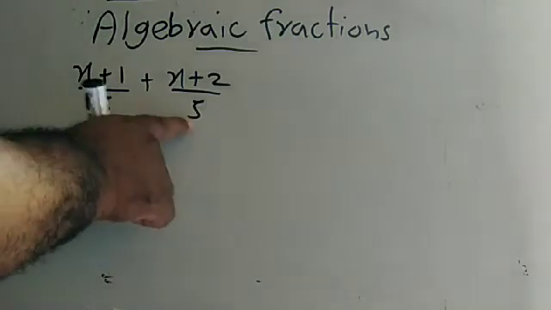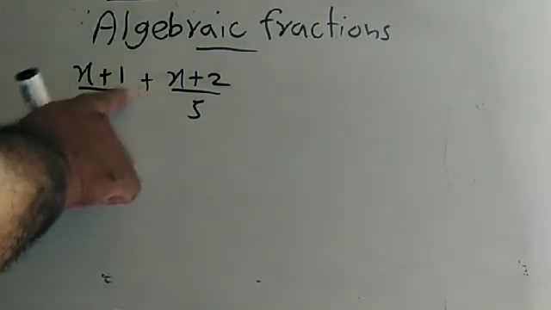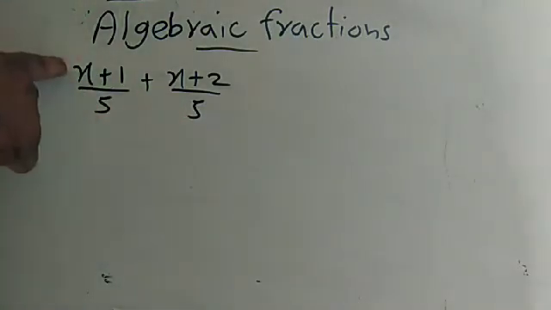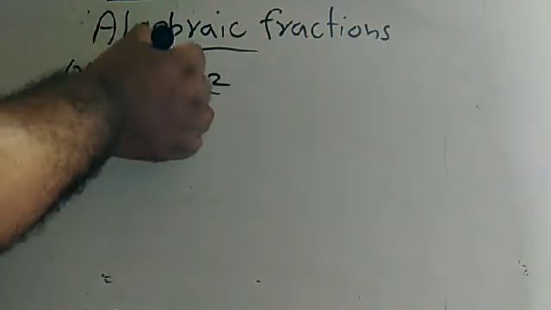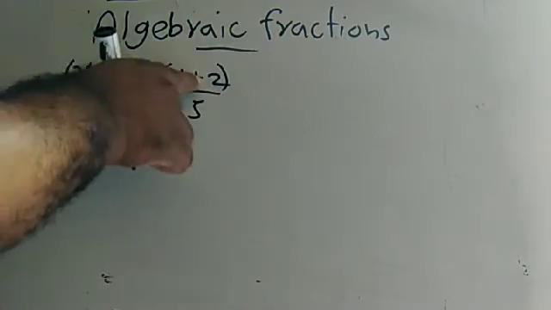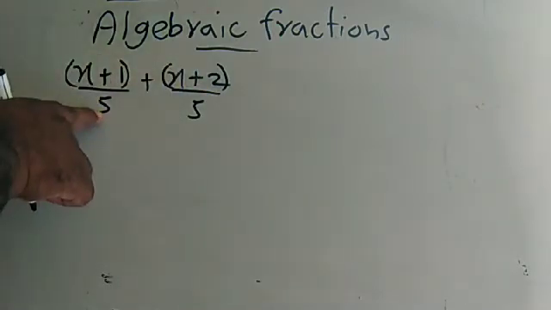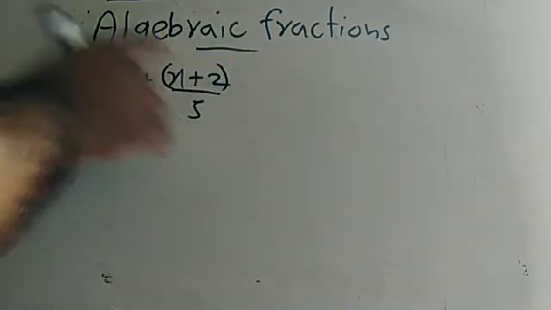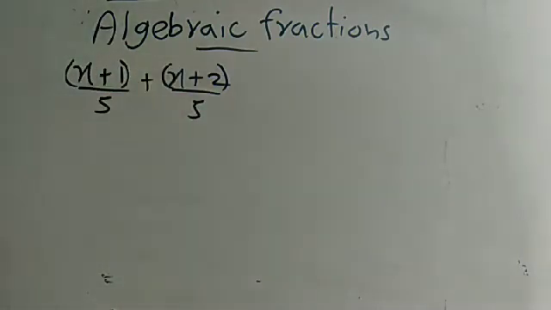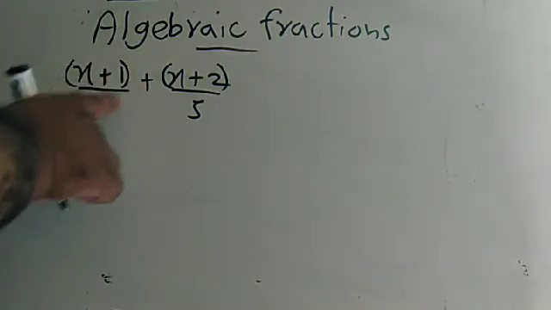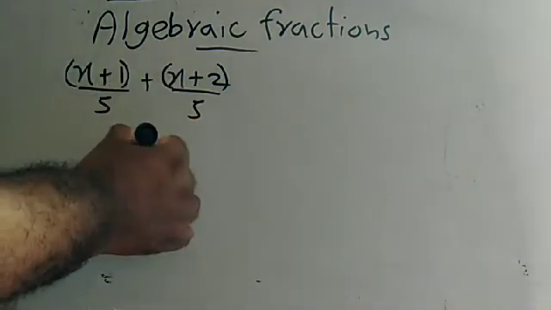Here when we add this, the denominator is equal, no? But the numerator is an algebraic expression. Add these 2 fractions. The denominator is equal, 5.